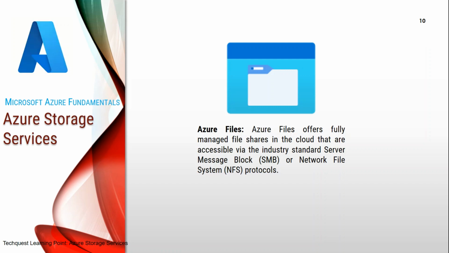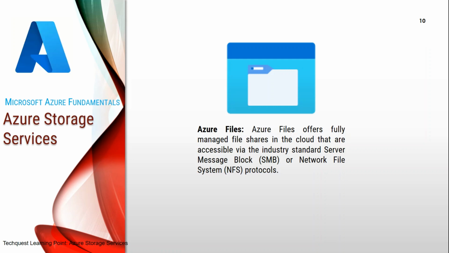Azure Files file shares can be mounted concurrently by cloud or on-premises deployments. SMB Azure file shares are accessible from Windows, Linux, and Mac OS clients. NFS Azure file shares are accessible from Linux or Mac OS clients.